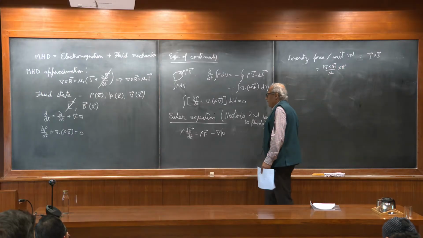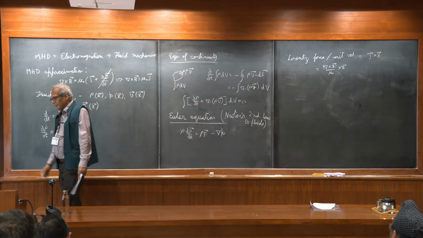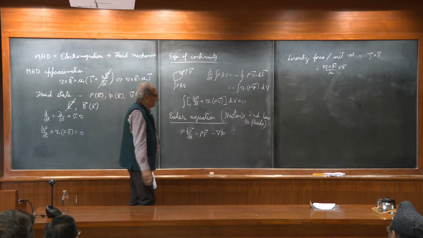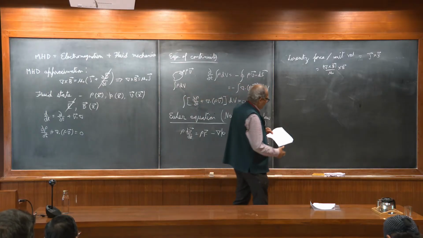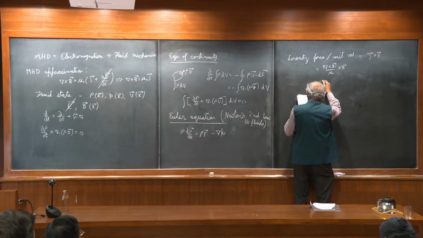And this curl B cross B, by using a vector identity, you can write in a modified form. This vector identity you will find discussed in any textbook of vector analysis, so I shall not get into a discussion of that.